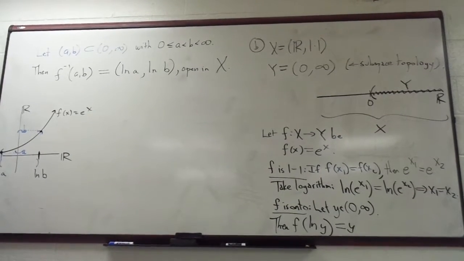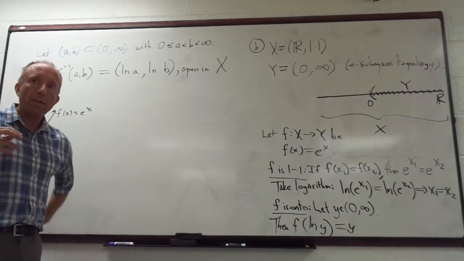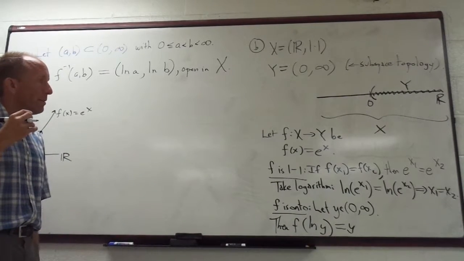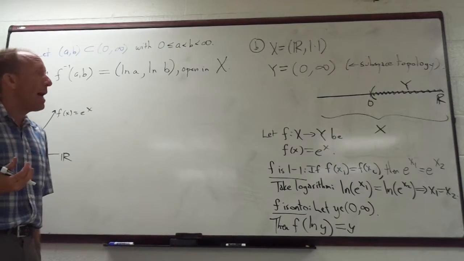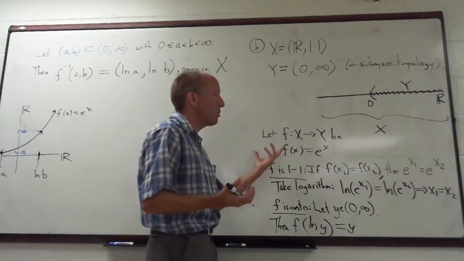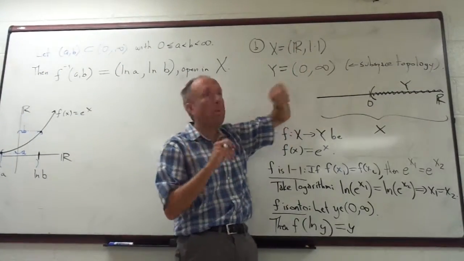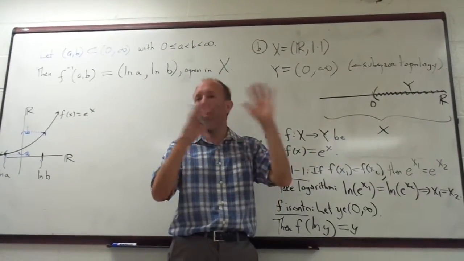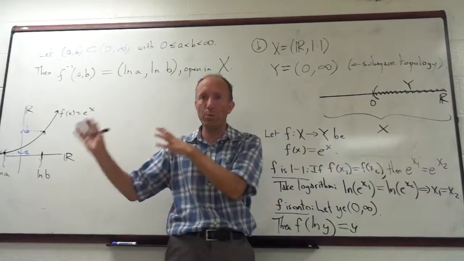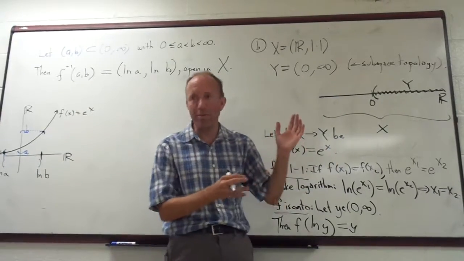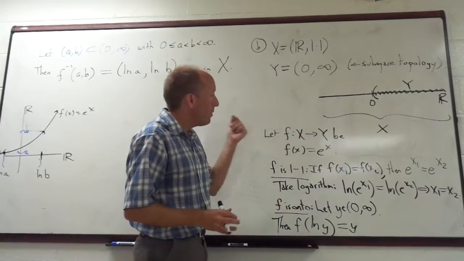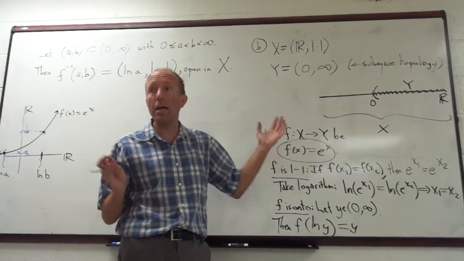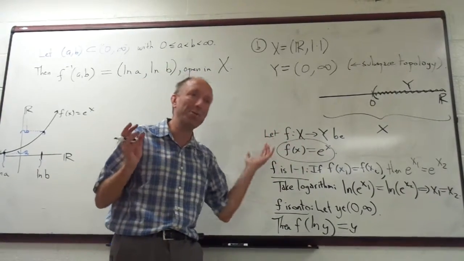And then we also have to show that the inverse function is continuous. To be totally honest with you, because you're using the absolute value topology, which is the familiar one that you've used since Math 150A, this function is known just from calculus to be continuous. We don't have to use Math 414 to prove it.